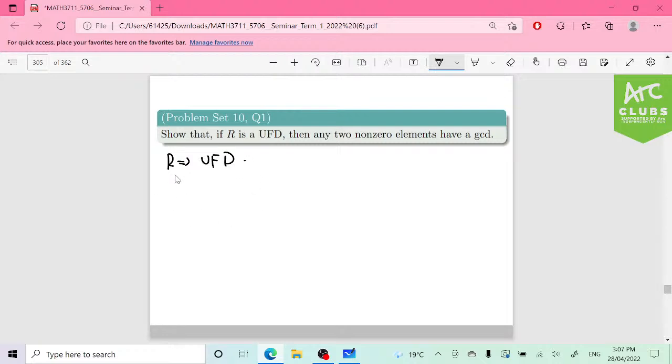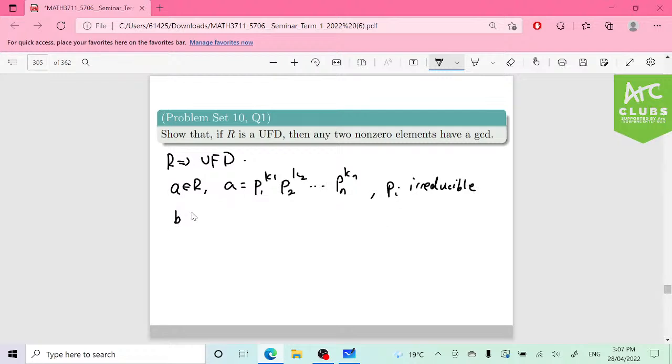What that implies is that we can always write a in R as a equals p1 to the k1, p2 to the k2, up until pn to the kn, where the pi's are all irreducible.